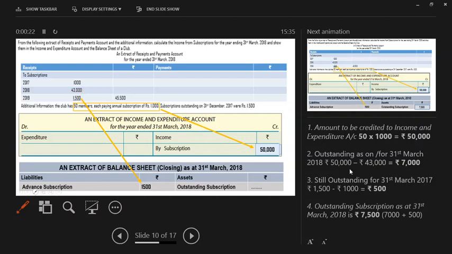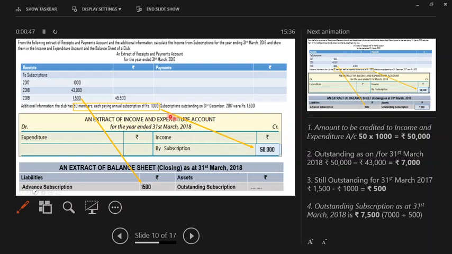So 50,000 minus 43,000, this is the amount of outstanding. But this is the amount for 2018. We are talking about 2018. 50,000 is the current year amount. 43,000 you have already received it, and it gives you clear picture that 7,000 is outstanding.